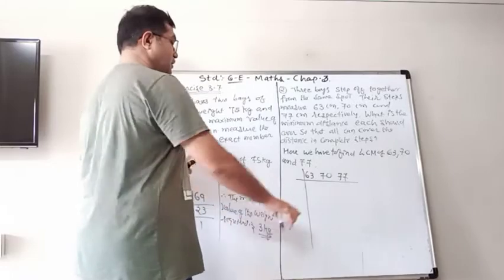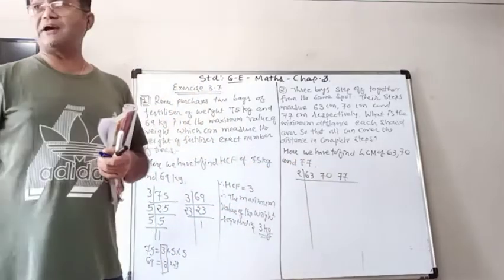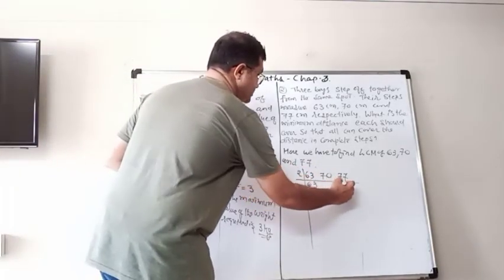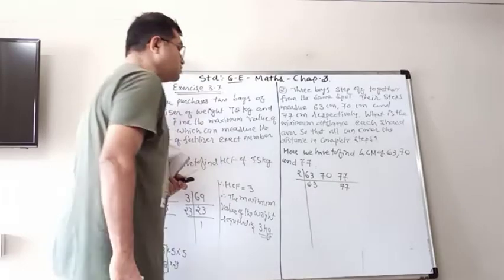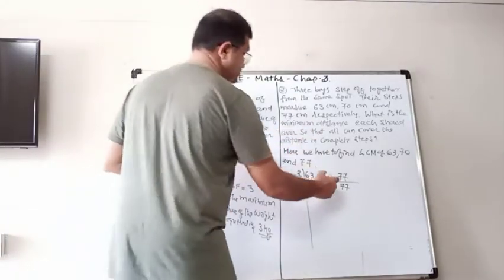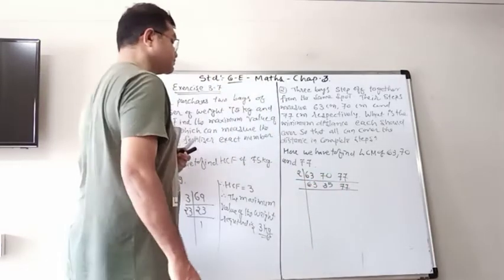Now first, 70 is an even number, so it will be divisible by 2. But 63 is not divisible by 2, and 77 is also not divisible by 2. So they will be kept together as it is. And 35 2s are 70.